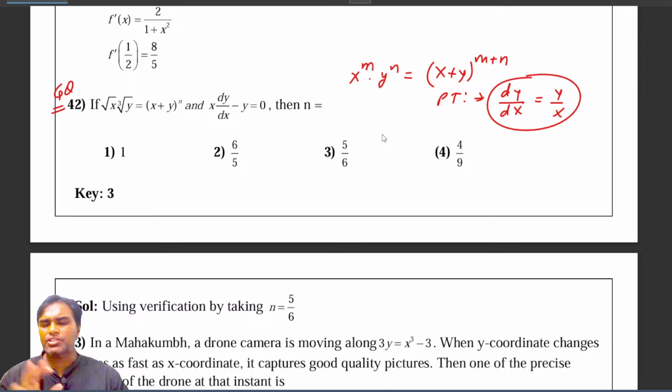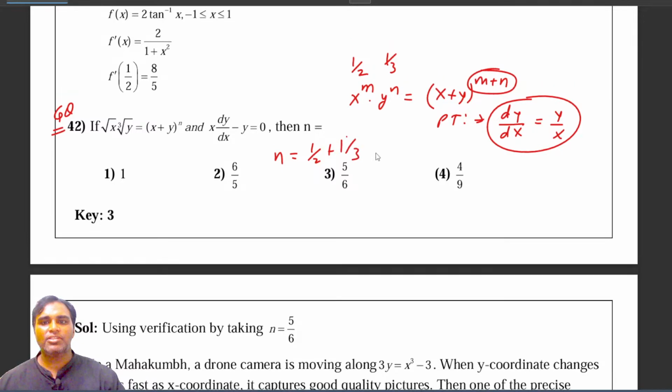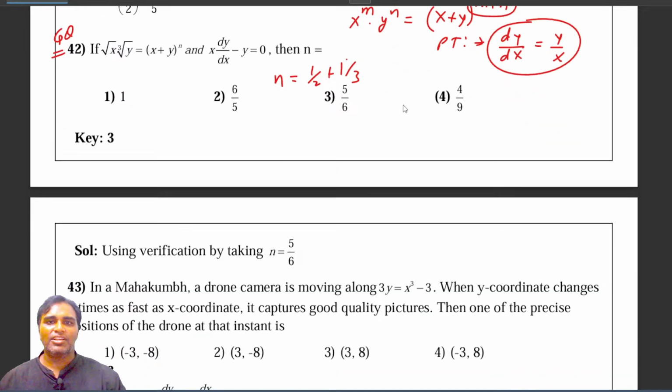Every teacher will discuss this problem because it is very relevant for boards, for JEE, and for your state engineering exam also. Now KCET has given that question. In place of m they have given 1 by 2, it is 1 by 3, and here it is given as n. So what is the n value? 1 by 2 plus 1 by 3, and if you solve this, you get 5 by 6.